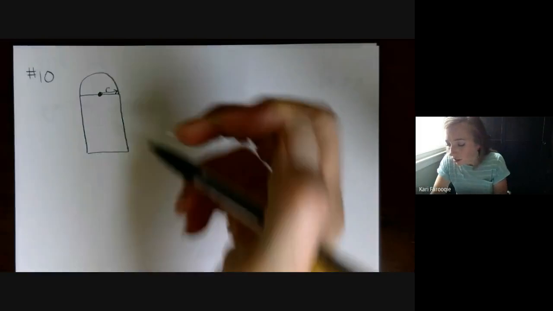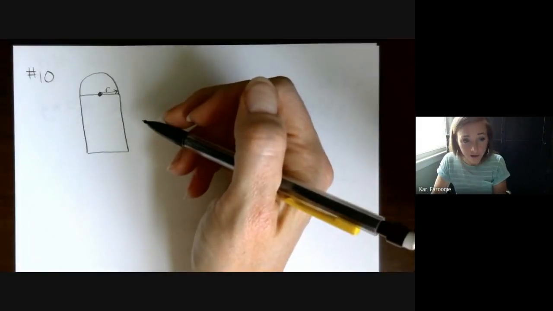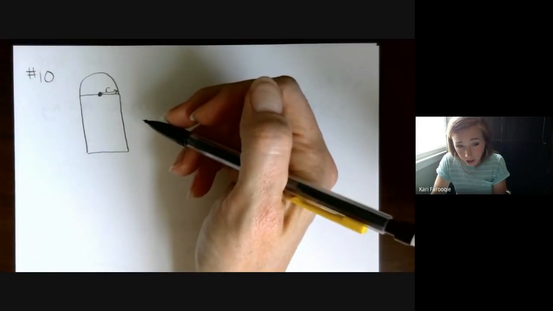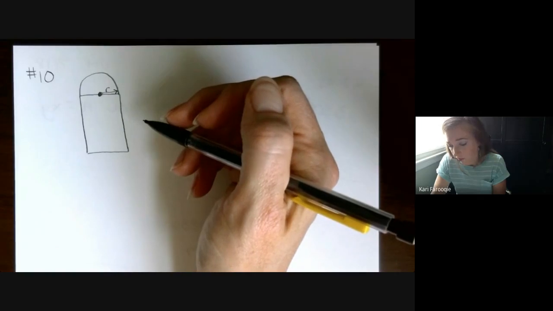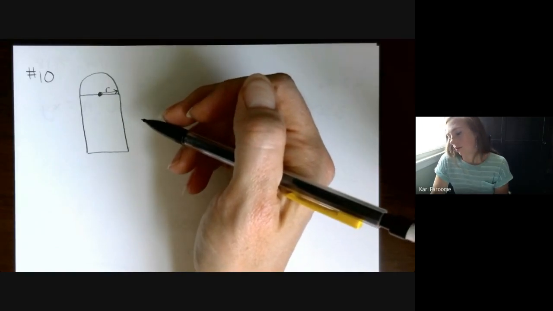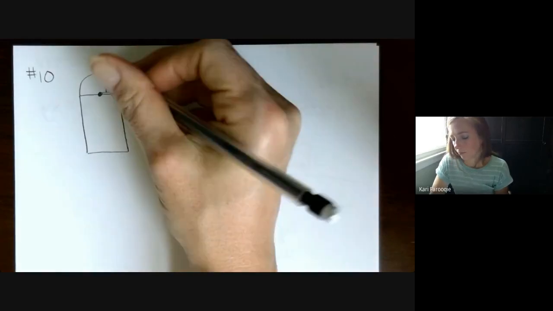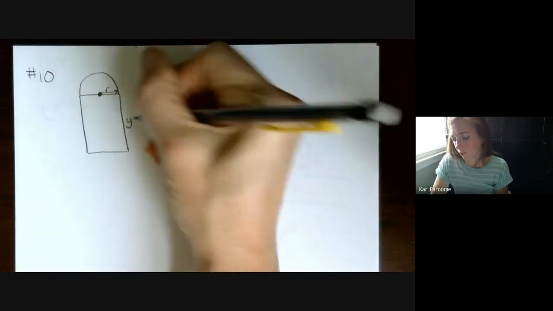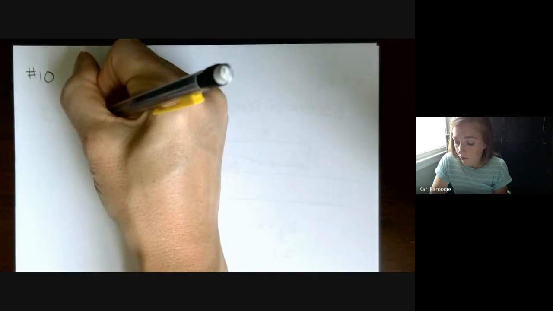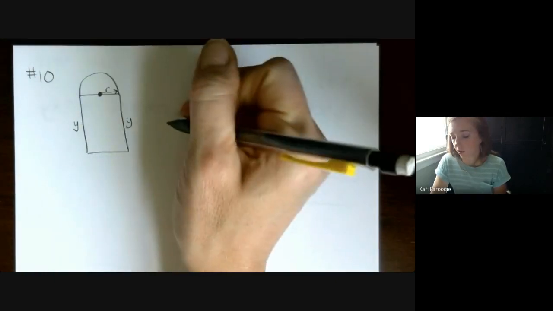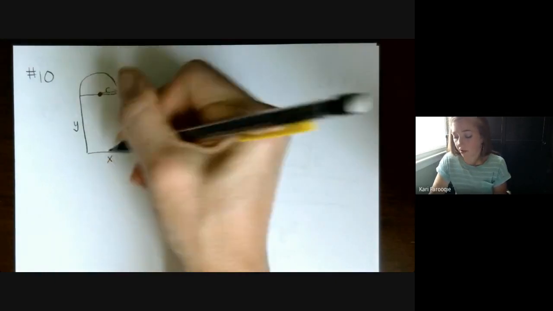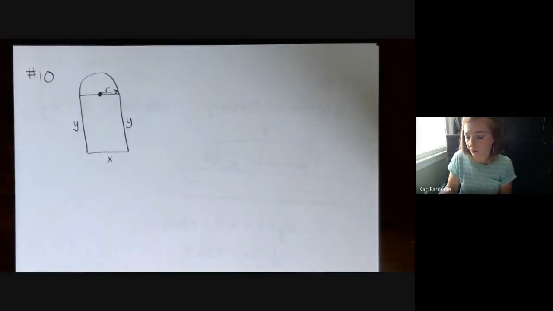Don't know. Okay, and then you can call the height whatever you want. If you want to call it H, that's fine. If you want to call it Y, that's fine too. I'm going to call it Y. If you want, you could do the standard rectangle thing, and you could call this X, and then you could just rewrite R in terms of X, if you'd like. It's kind of up to you.